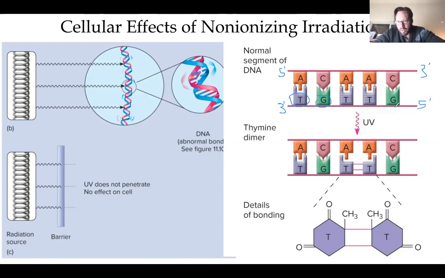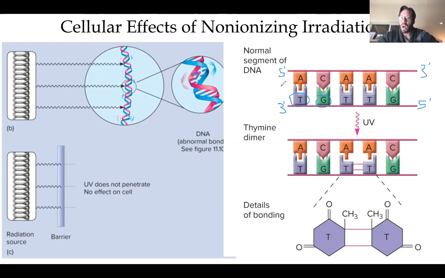These nucleotides on this strand aren't bound together. They are bound to a sugar and phosphate backbone, right? And they undergo hydrogen bonding with the corresponding nucleotide of the other strand.